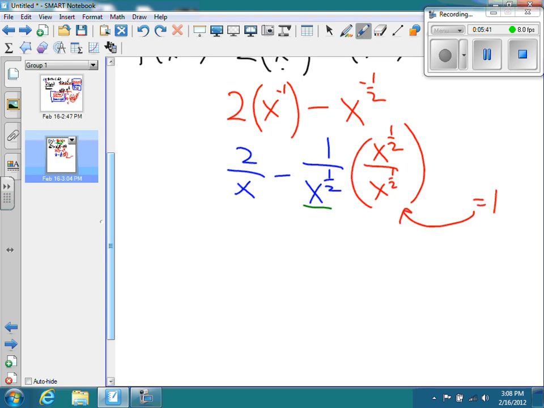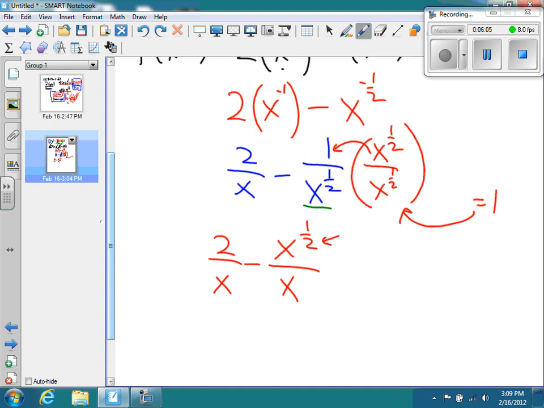So now I have 2 over x minus x to the 1/2 over x. I wrote this incorrectly over here. It's not 2 over 2, it's 2 over x. Because my x to the 1/2 times 1 is x to the 1/2.